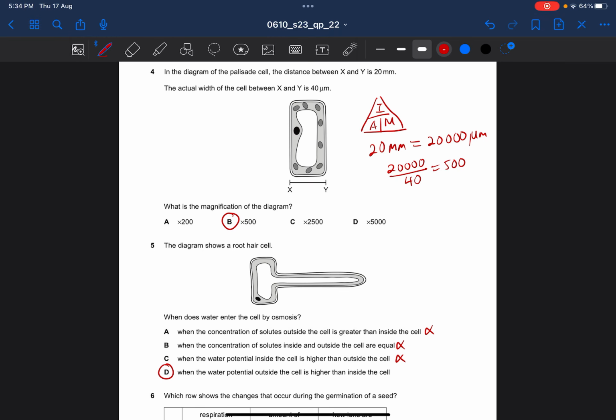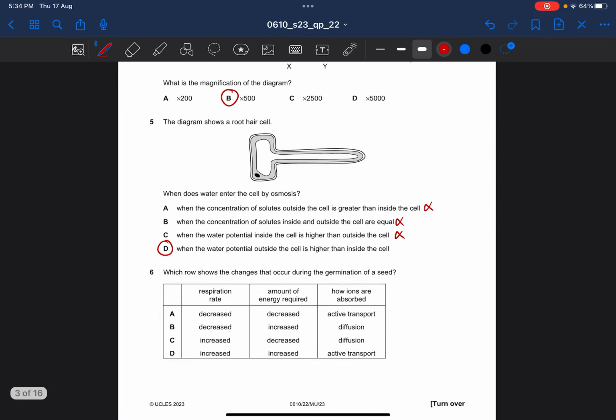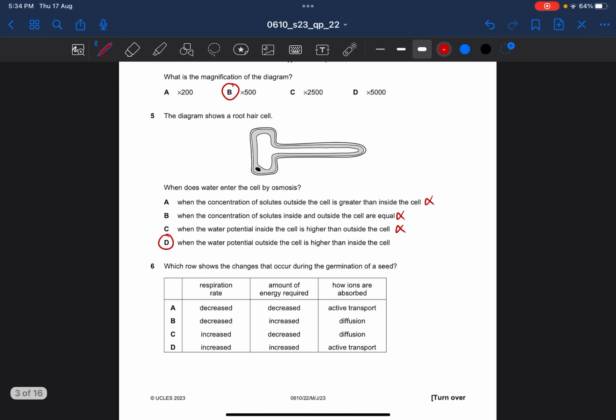Okay. Question 6. Which row shows the changes that occur during the germination of a seed? So they are asking about what happens with the respiration rate, the amount of energy required, and how ions are absorbed. So the answer for this one would be C. Why?